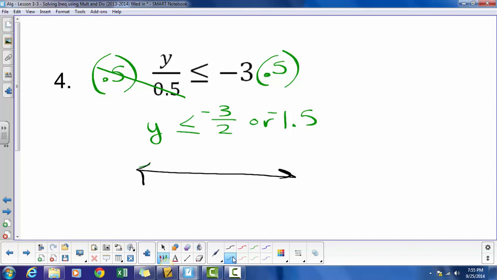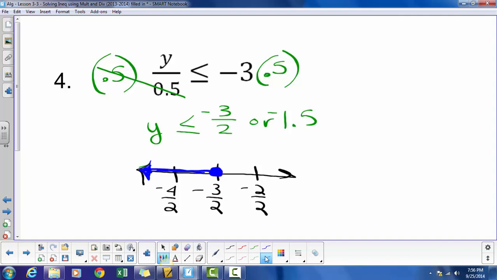Y is less than or equal to negative 3/2. Negative 2/2, negative 4/2, okay? Open circle or a closed circle? We need a closed circle because it's less than or equal to, and I'm going to shade to the left.